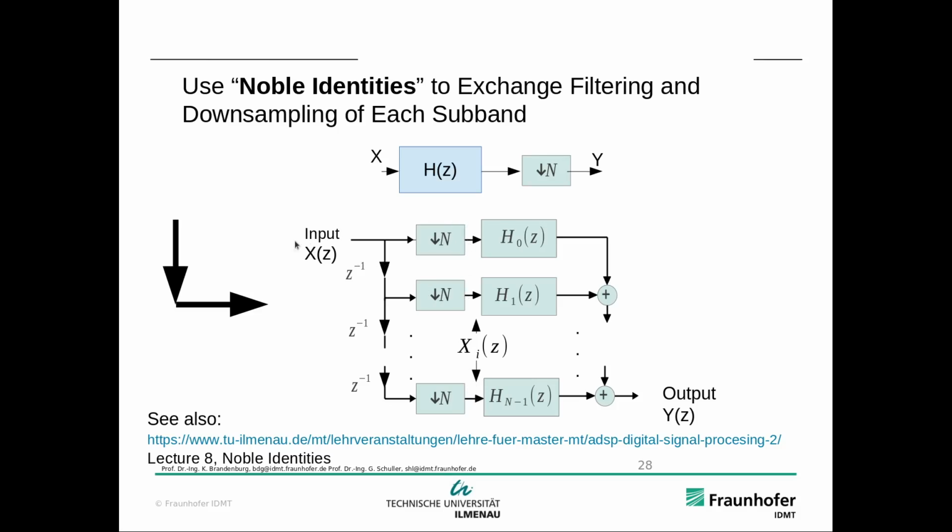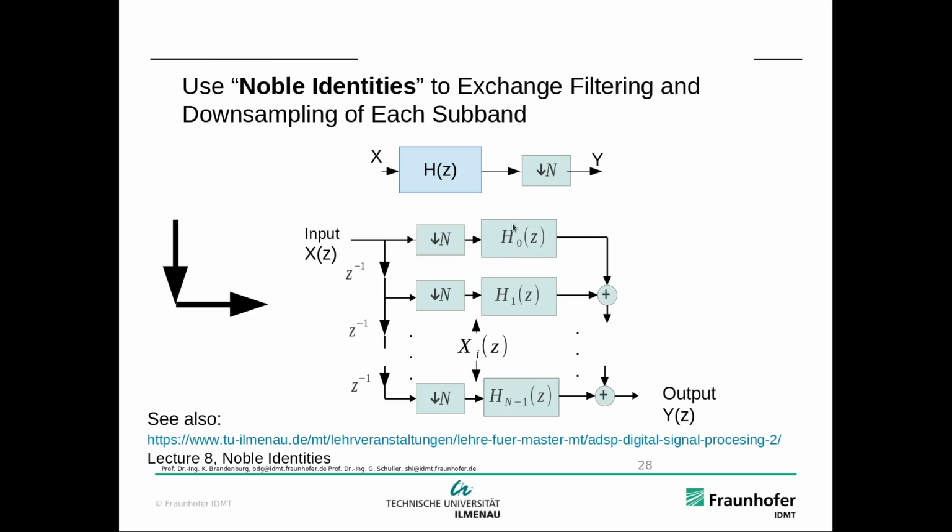That means this is basically like a serial to parallel conversion. It turns a sequence of samples into a sequence of blocks, but such that we don't lose any sample. It's just reformatting, right? So instead of a sequence of samples, now you have a sequence of blocks at 1/N of the original sampling rate.